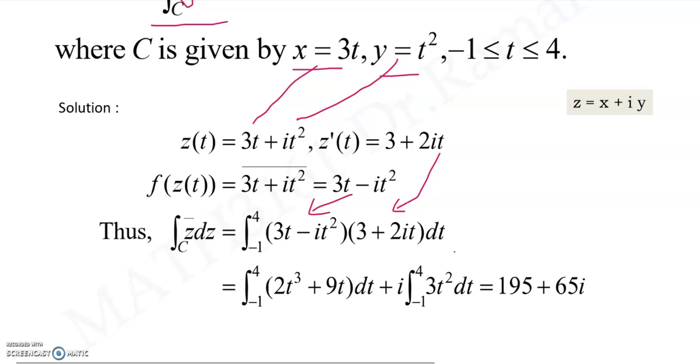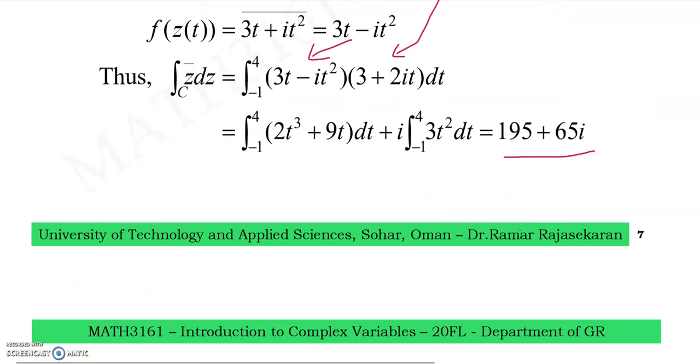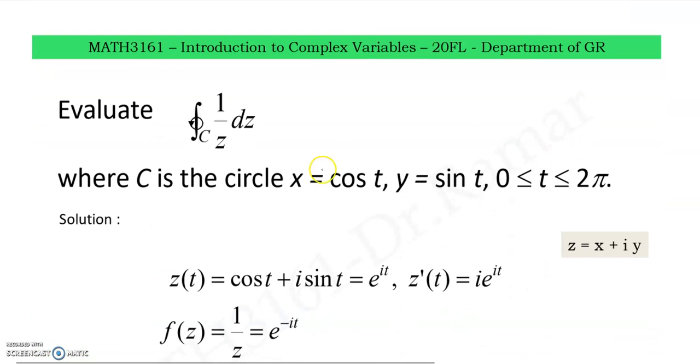Now integrate with respect to t and then substitute the limits, upper limit 4 and lower limit minus 1, so that you will get 195 plus 65i. This is nothing but simple integration and then simplification. Finally you substitute the limits, upper limit minus lower limit, then you will get the answer. That's it. Now we'll see another example.